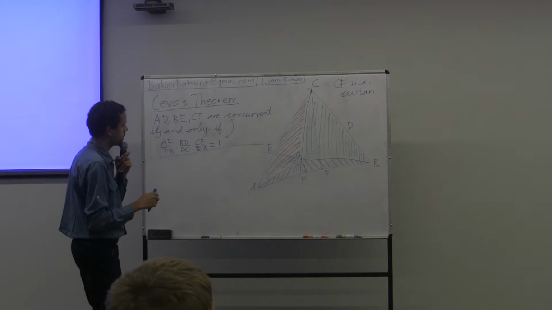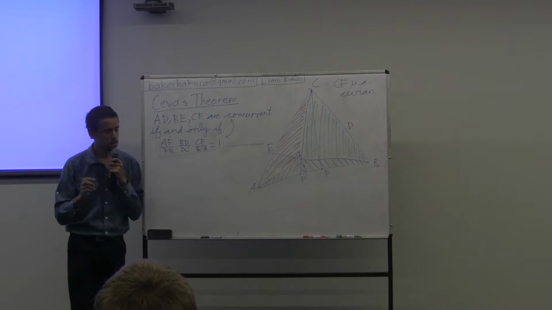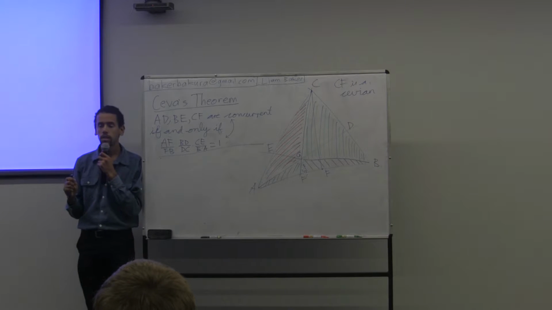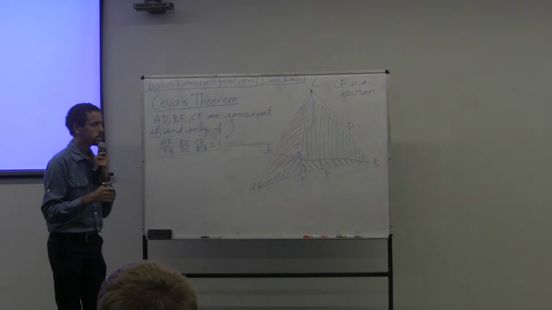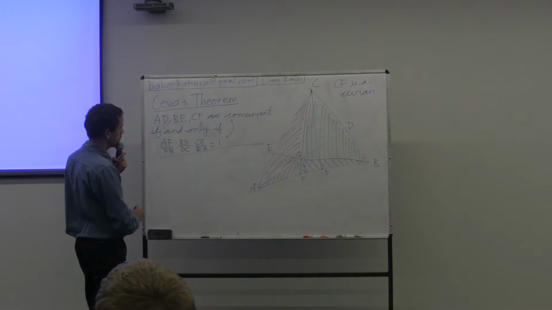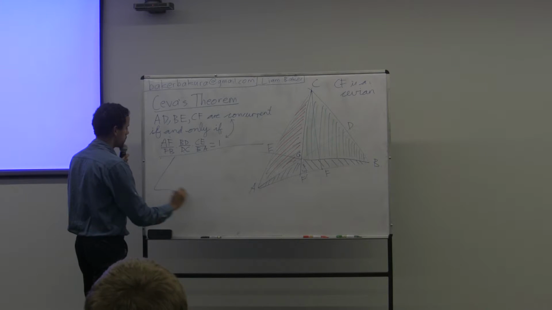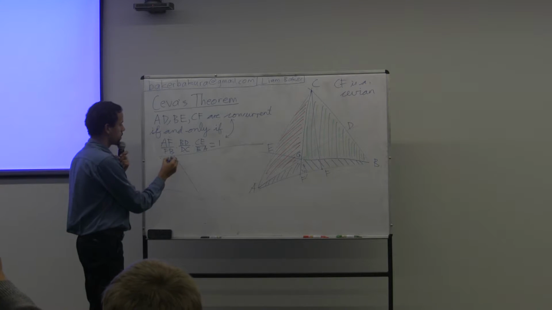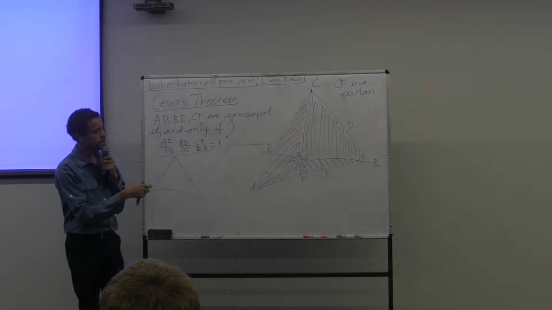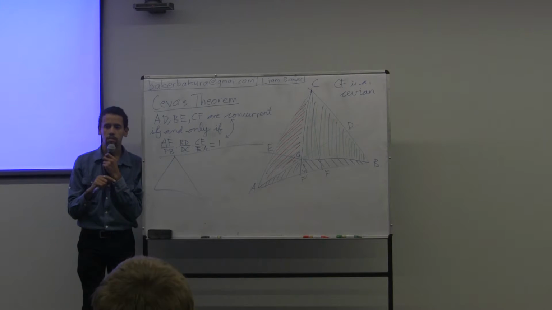Good. Okay. Now we're going to use Ceva's theorem in a few cases. We've done it in the case of medians. Okay, so let's take a random triangle. Now, a cevian is a line which goes through that point.